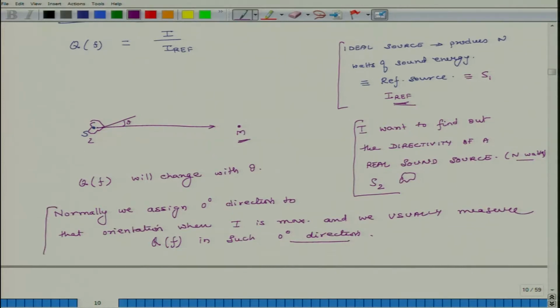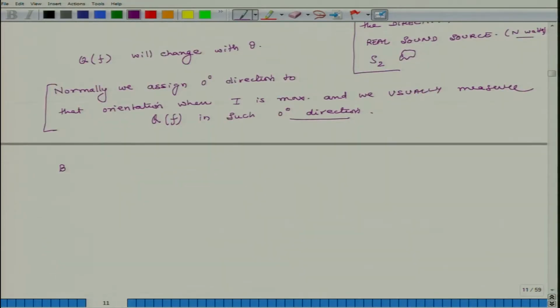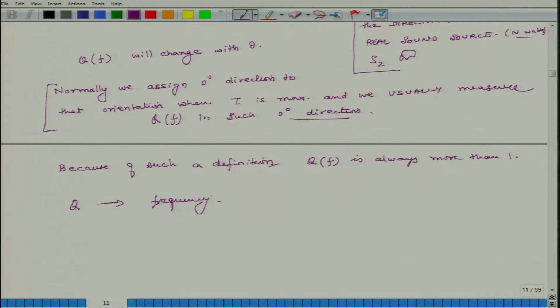So, because of such a definition, QF is always more than 1. So, this is directivity. Once again, Q depends on frequency, it is a function of frequency.